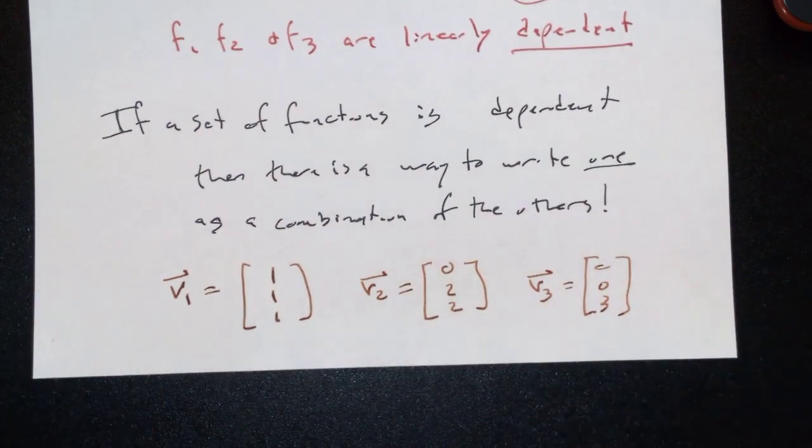Here are three vectors. What tests can I do to see if these three vectors are independent? There's an easy way and a hard way.